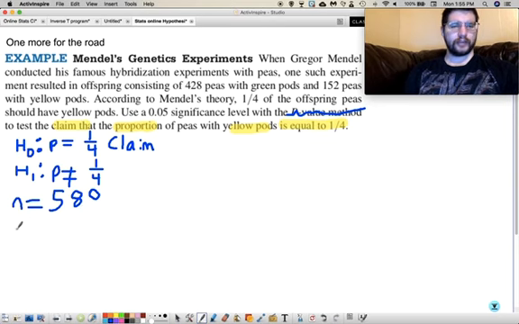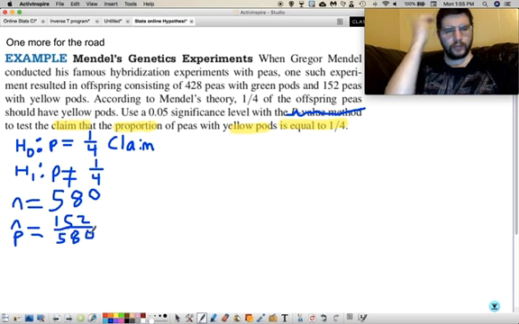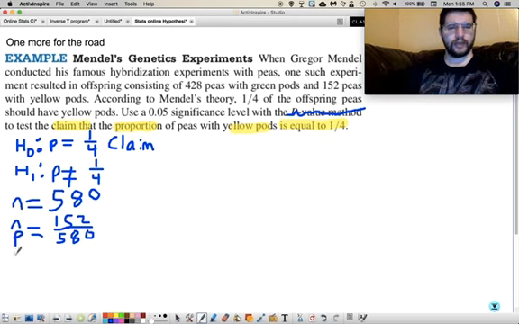Monks sure do have a lot of time on their hands. So P hat would then be this 428. Oh, wait, no, this 152, we're just talking about yellow peas. 152 out of 580. Okay, that's P hat.